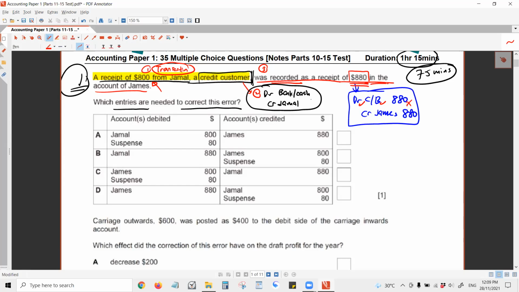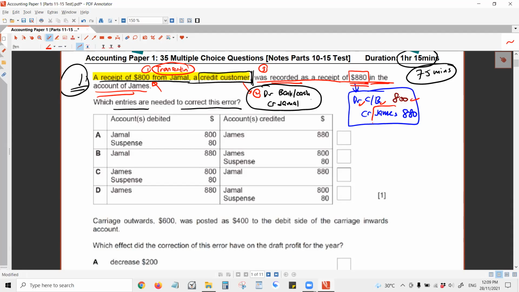They say in the account of James, meaning not in the cash book. Sorry, I overlooked. They recorded it as 880 in the account of James. The cash book has no problem. Let me erase this. In the cash book, they used 800. So the assumption here is they debited cash or bank with 800 correctly.